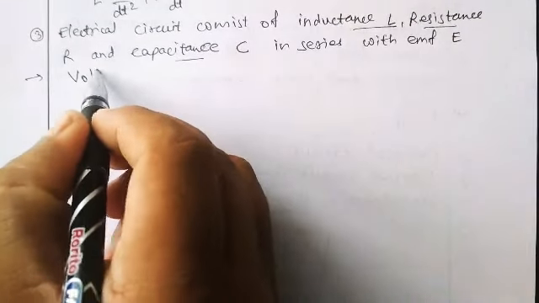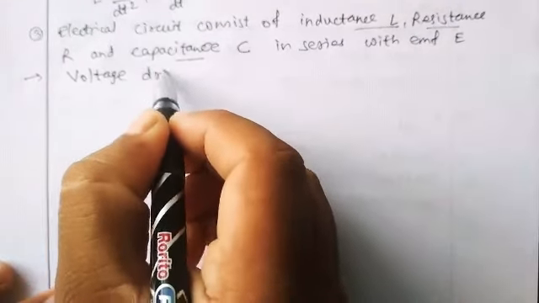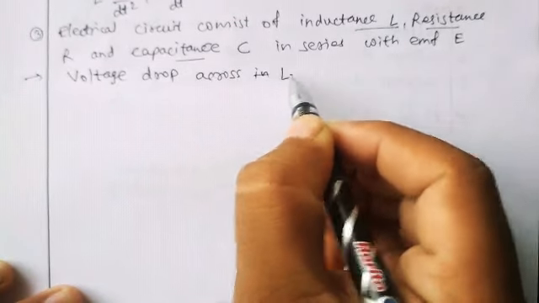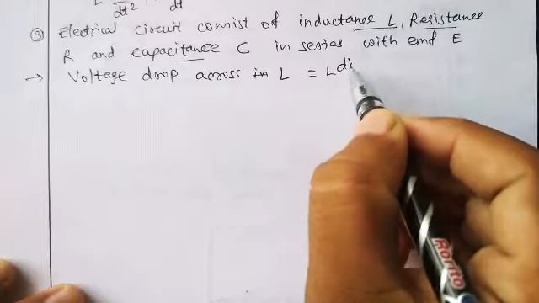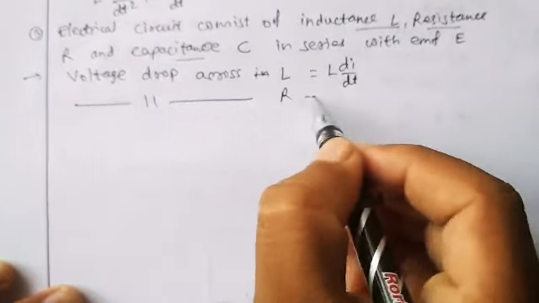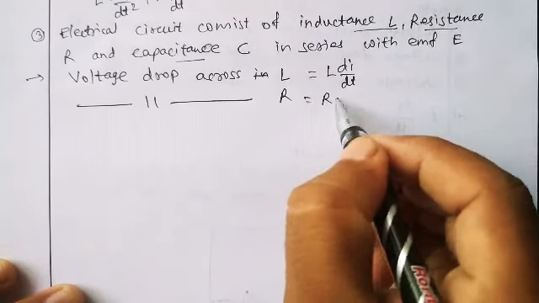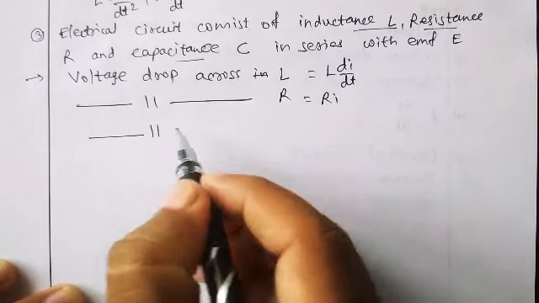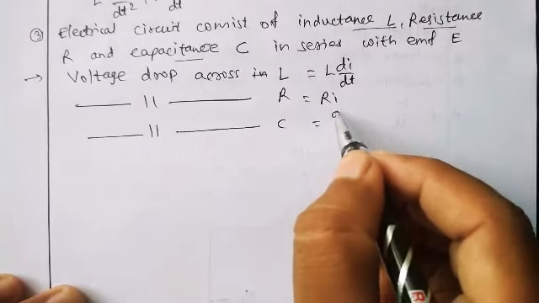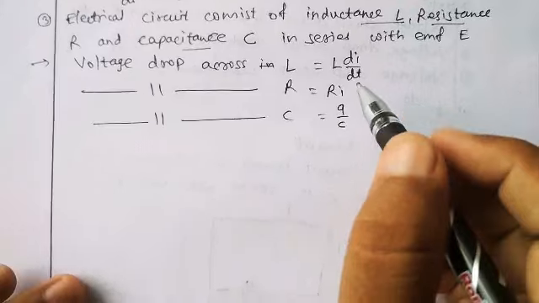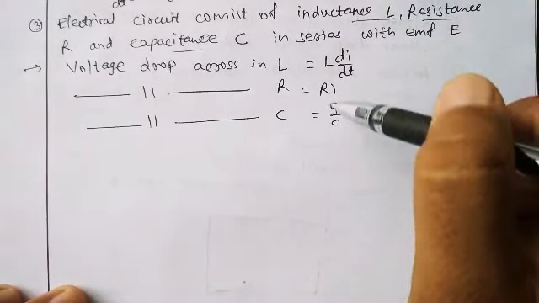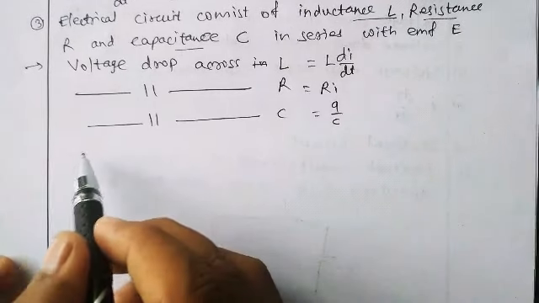We know that voltage drop across inductance L is L into di by dt. Similarly, voltage drop across resistance R is Ri, and voltage drop across capacitance C is Q upon C. According to Kirchhoff's law, the addition of all these voltage drops is equal to EMF.